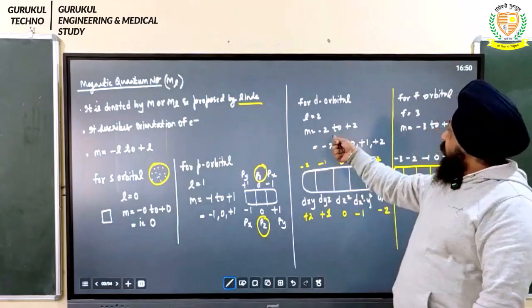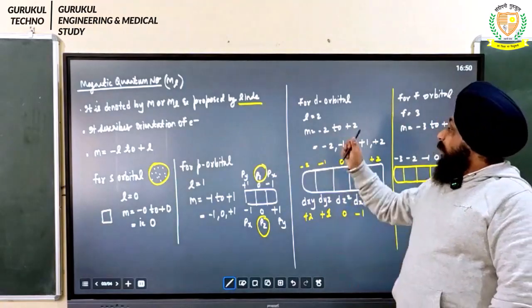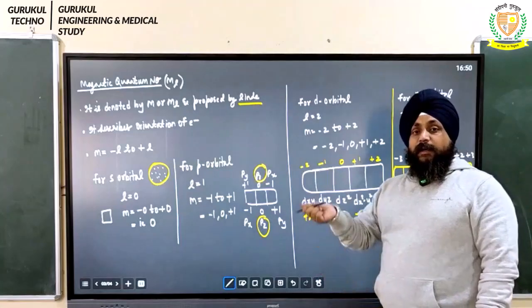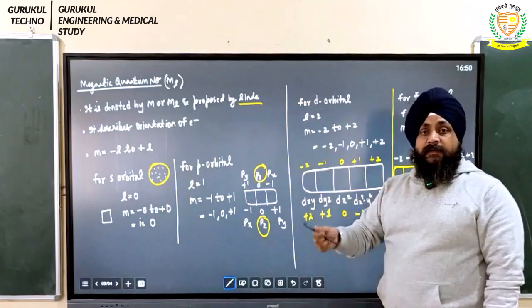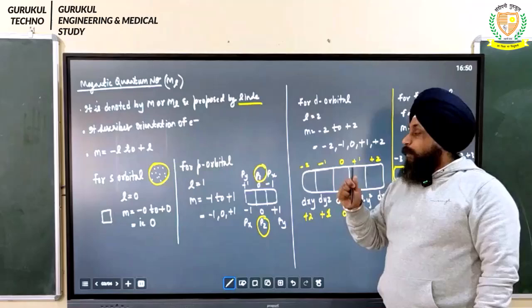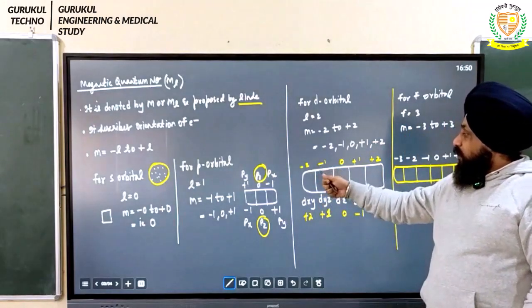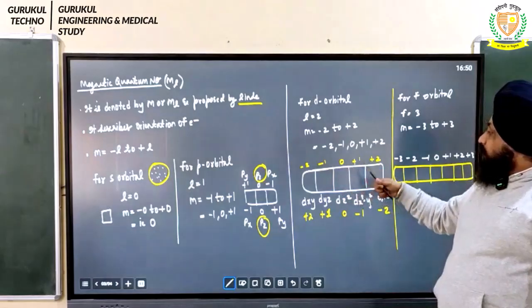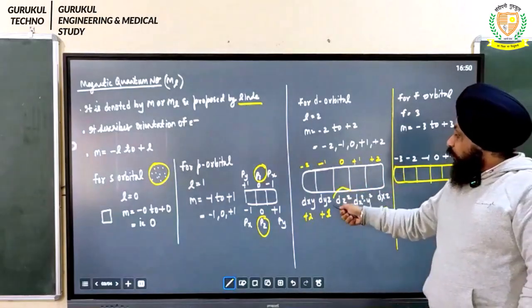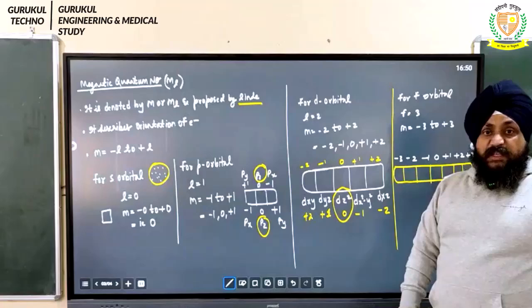So it will be -2 to +2. Okay, -2 to +2 means it will be -2, -1, 0, +1, +2. Again for 0 you have to fix dz square.